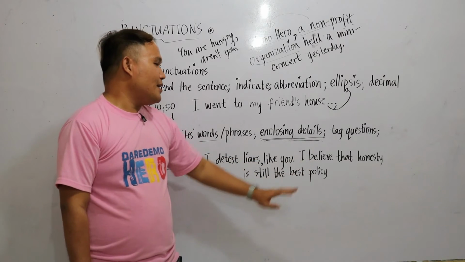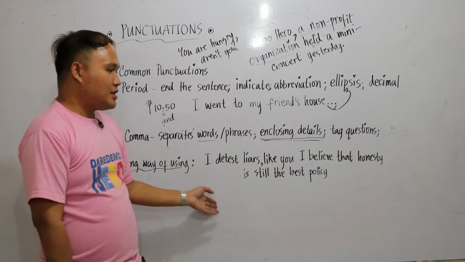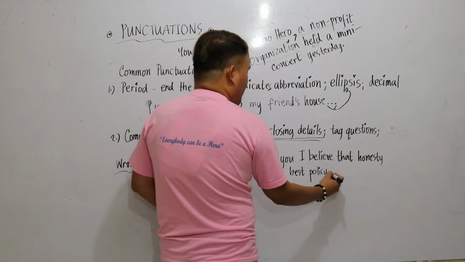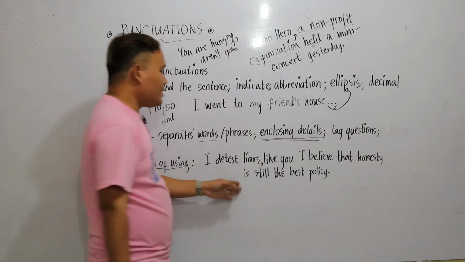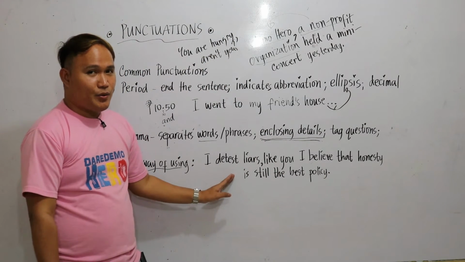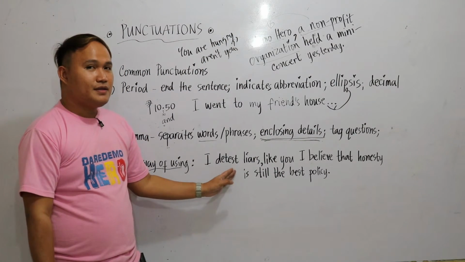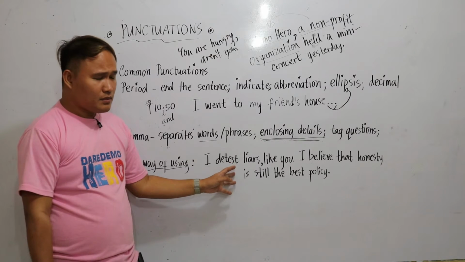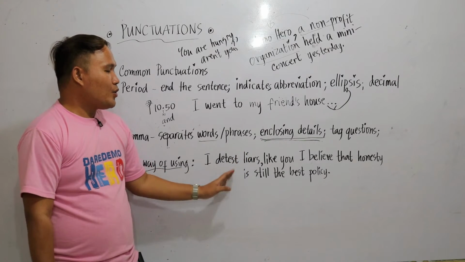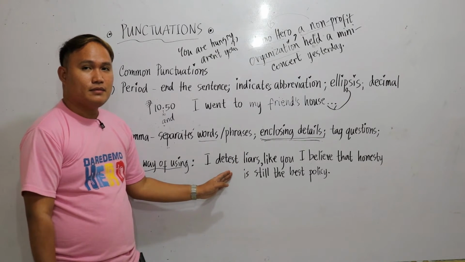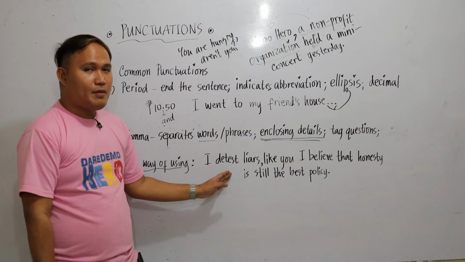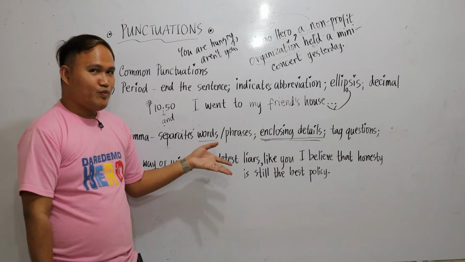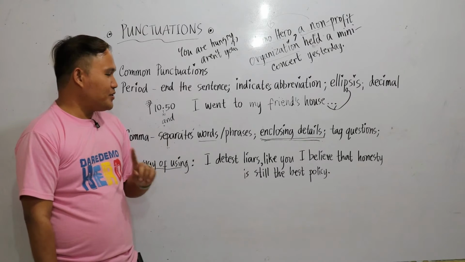I believe that honesty is the best policy. Okay. Now, do you think this statement is correct? Do you think this statement uses correct comma? Proper placement of comma rather. No, it's not. The answer is no, it's not.